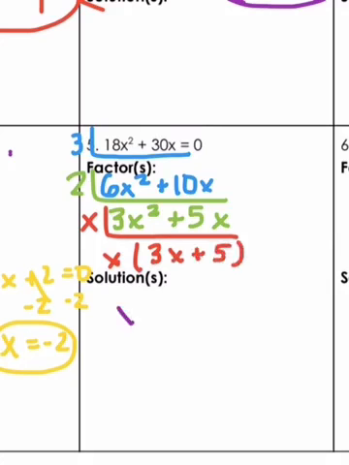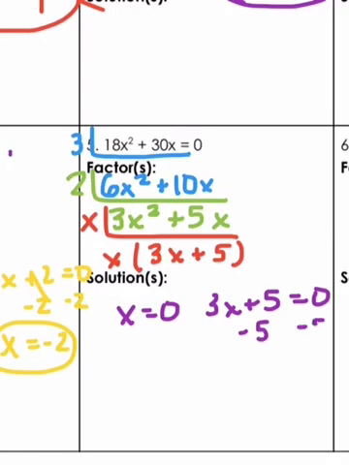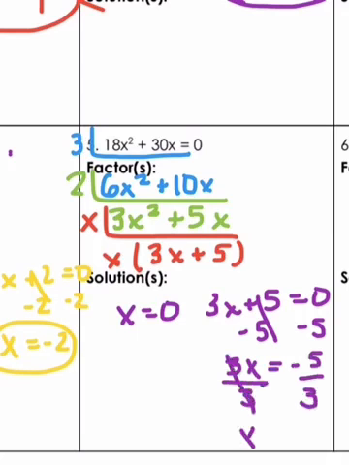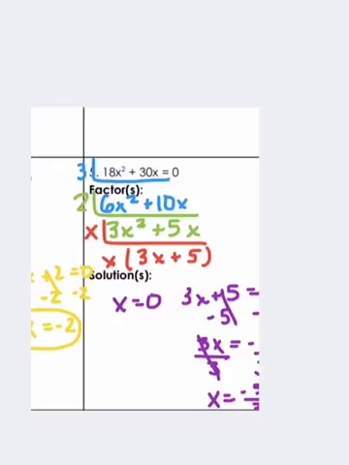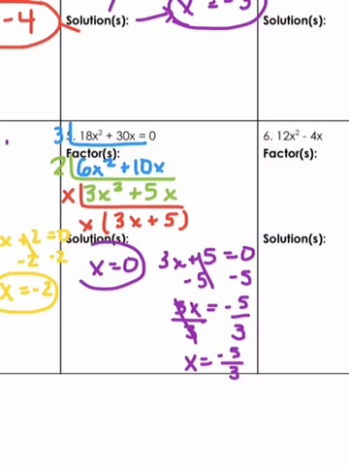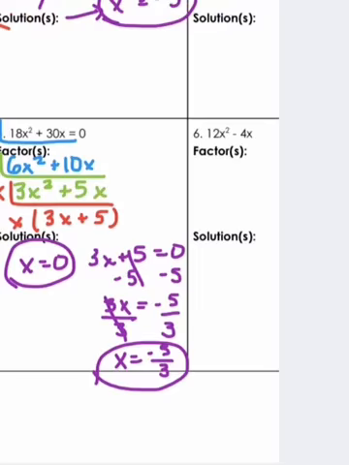Take each of those, set them equal to 0, and solve. All right, so your solutions are going to be x equals 0 and x equals -5/3.